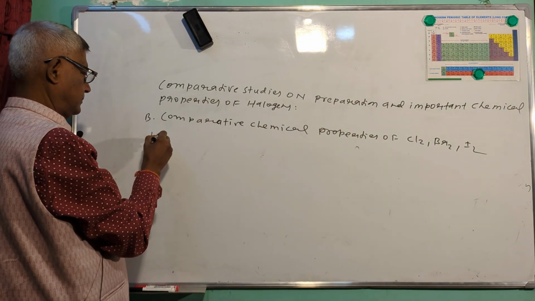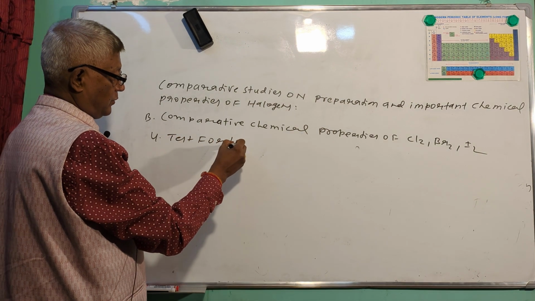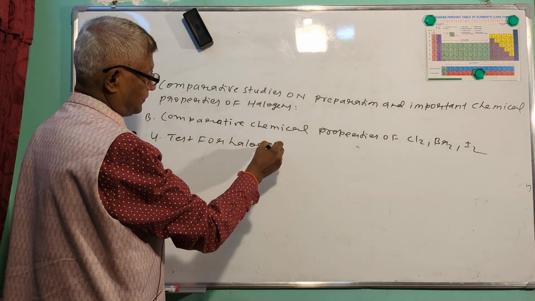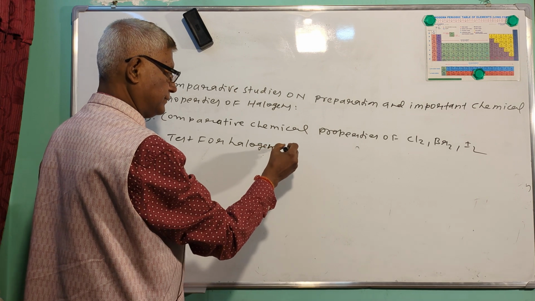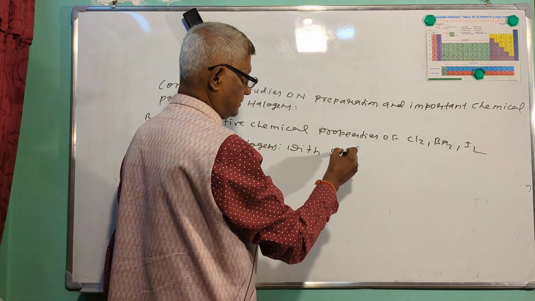Next one is the fourth, test for halogens with silver.